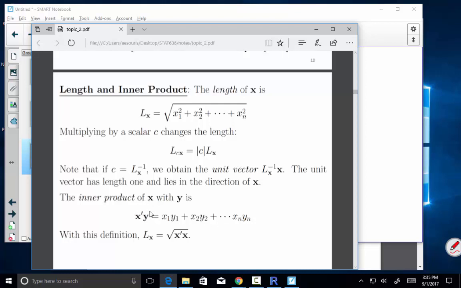Shorthand representation of an inner product is of this form: x transpose y, or x apostrophe y. The apostrophe after a vector means transpose. We said that by default, our vectors are going to be viewed as standing vertically, like a column vector.